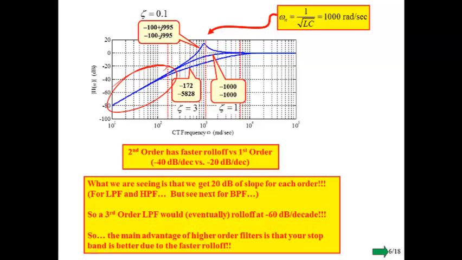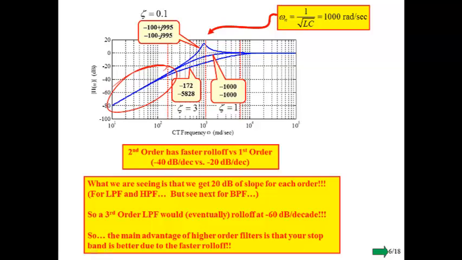Now basically we can count on 20 dB of slope in a low pass or a high pass filter, 20 dB of slope for each order. So if we had a third order low pass filter, we could count on minus 60 dB per decade of roll off in our stop band. So the higher order you go to, the better your filter is going to be.